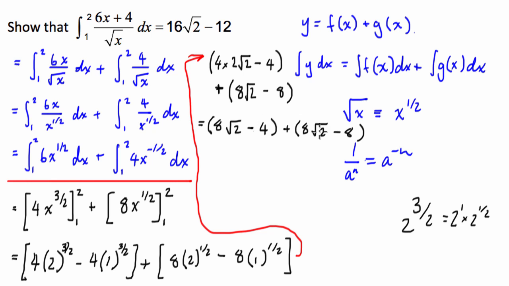Cool. So now we can join our like terms up. So 8 root 2 plus 8 root 2 is equal to, would you believe, 16 square root 2. Negative 4 minus 8 is negative 12.